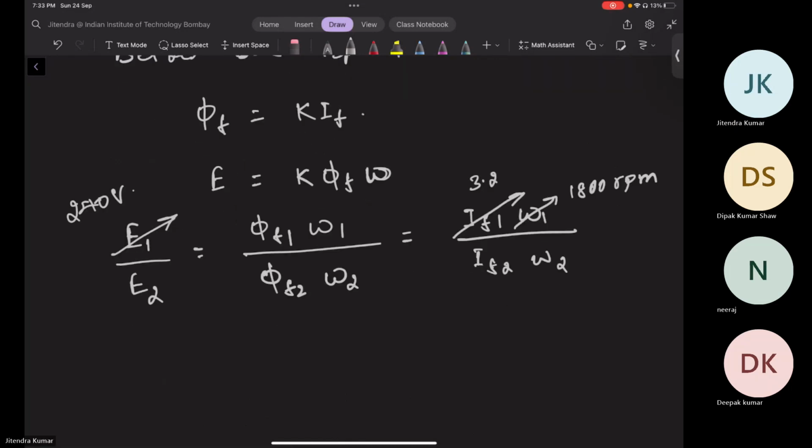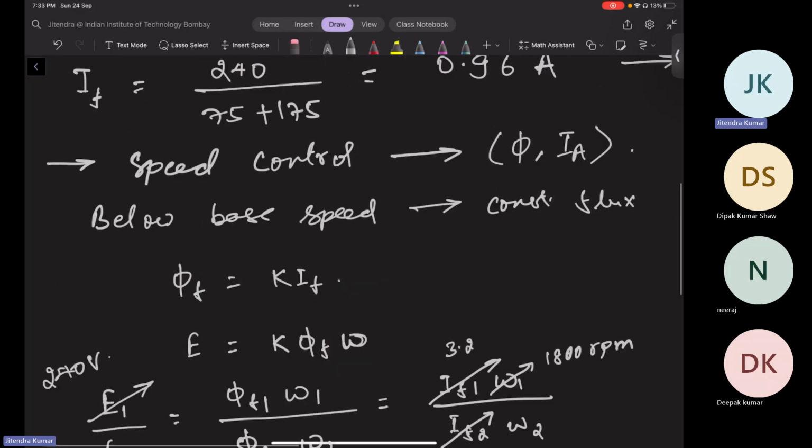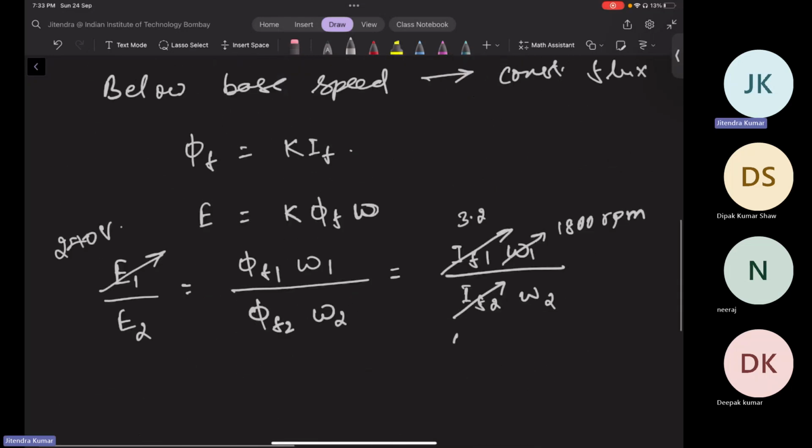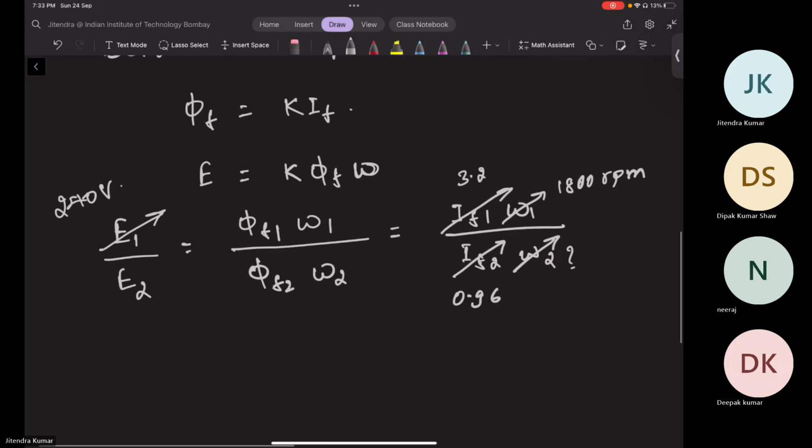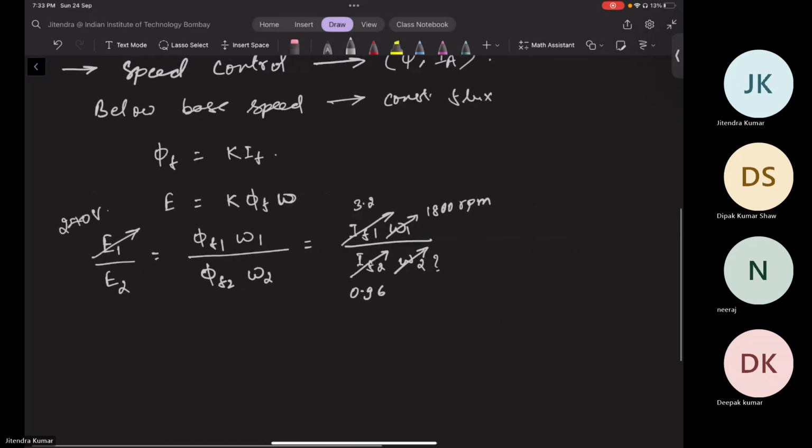Now we have phi f2, which means indirectly IF2, that is equal to 0.96. Omega 2 we need to find out, right? And E2 will again, how much will be E2?